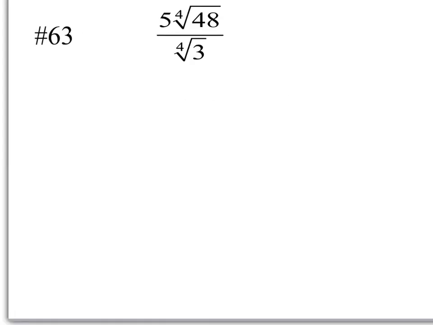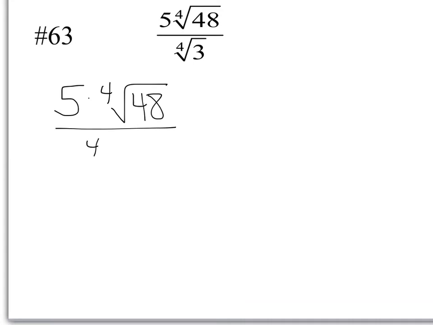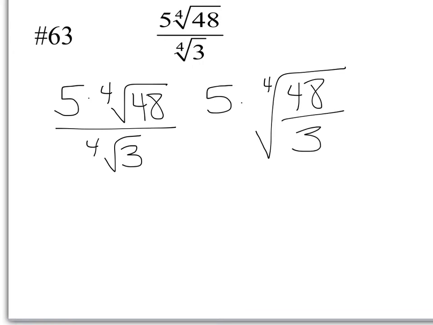Now, when we're talking about a problem like this, it's actually 5 times the fourth root of 48 over the fourth root of 3. So we can use our quotient rule for the fourth roots of 48 over 3. So we can make it 5 times the fourth root of 48 over 3. Okay?